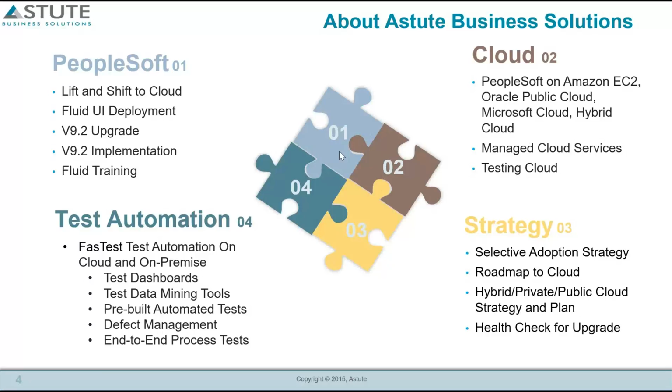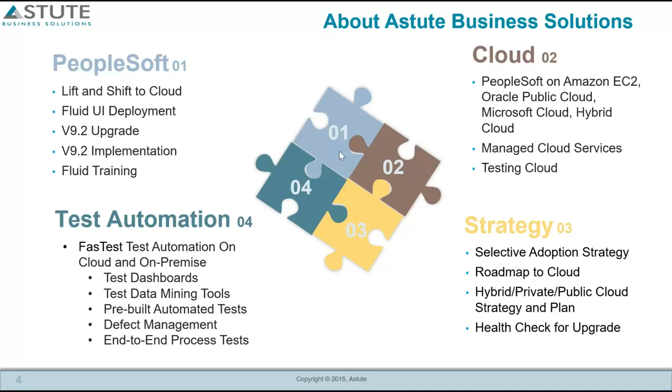In today's presentation, I'm going to talk about cloud, and we'll talk about what your options are for deploying PeopleSoft on cloud. We also have strategic services, helping customers define their cloud roadmap depending on where they are today and where they would like to go, whether they do it all in one big bang approach or adopt a hybrid model first, move only some of their applications to the cloud, and then over a period of time, move all of the others.